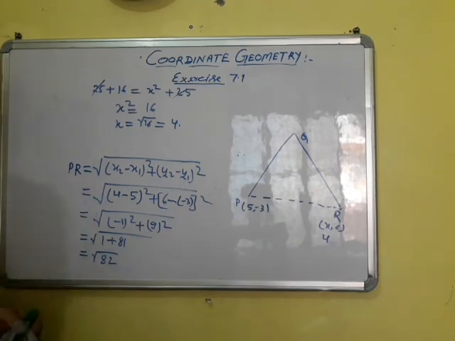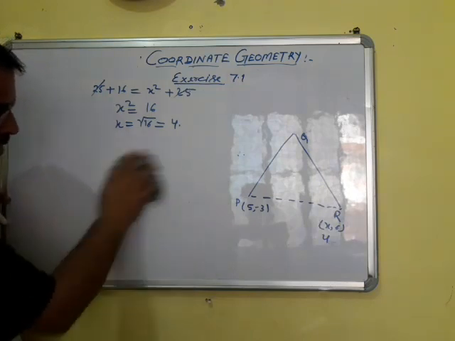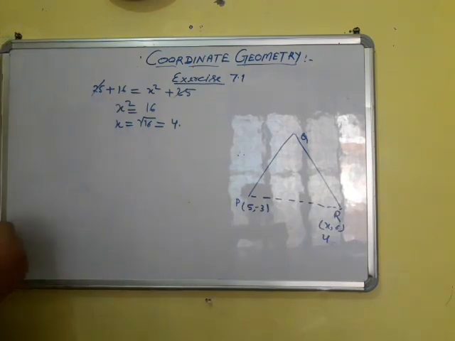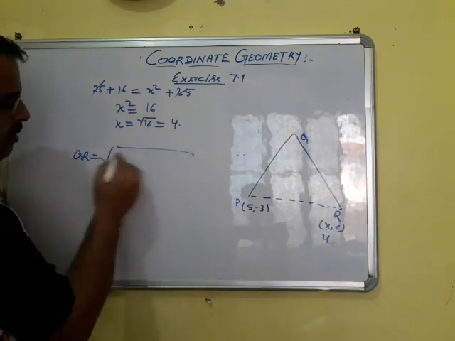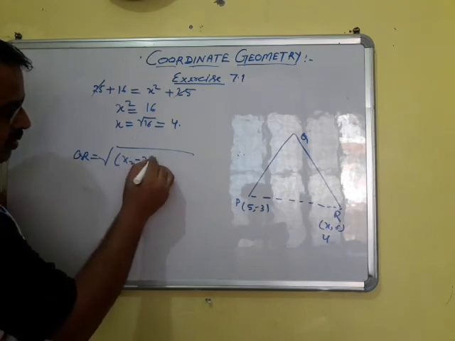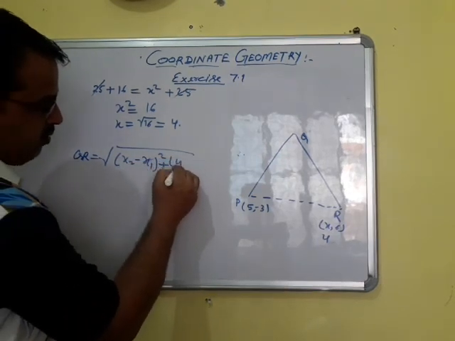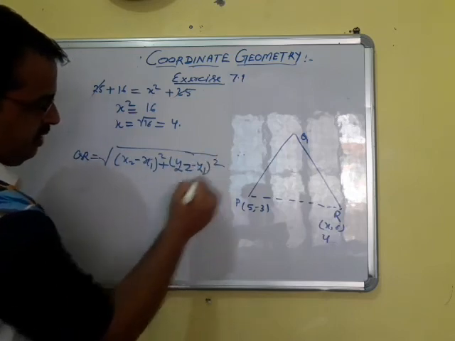Now find the distance between Q and R. QR is root of (x2 minus x1) whole square plus (y2 minus y1) whole square.